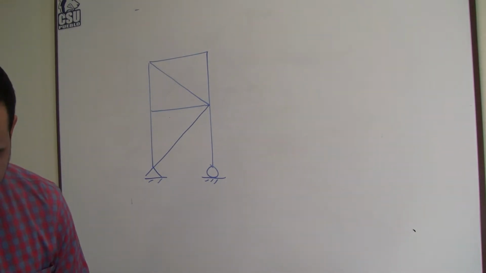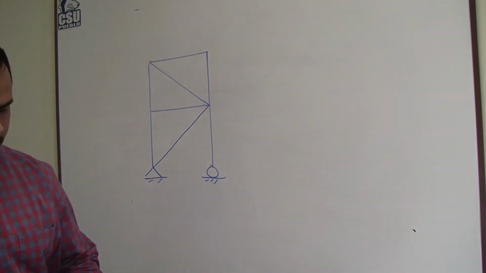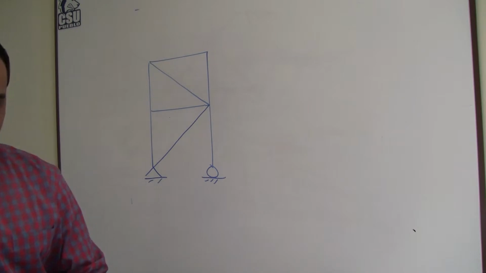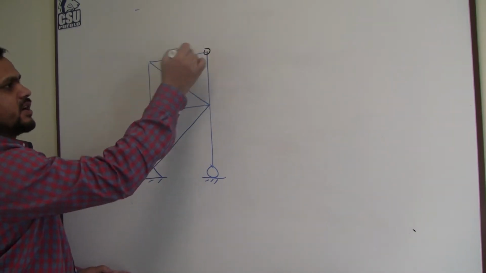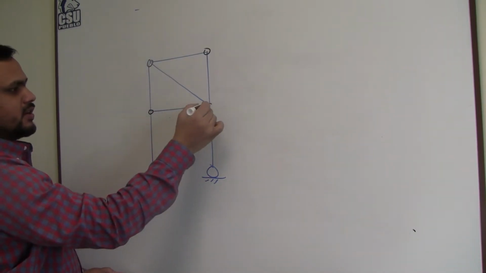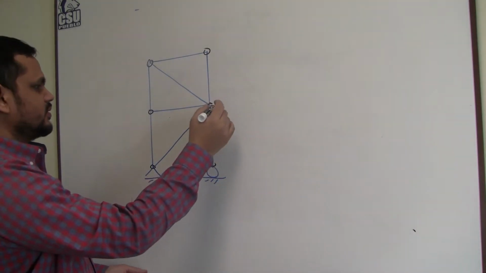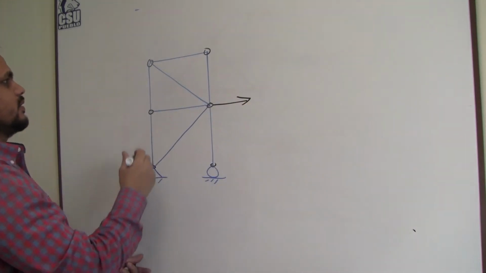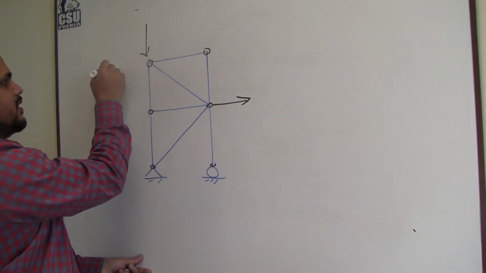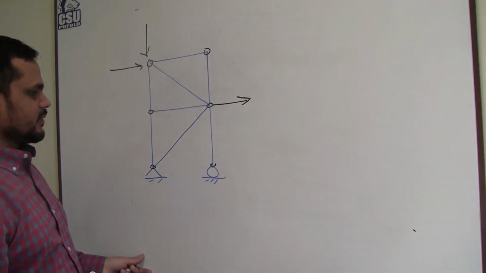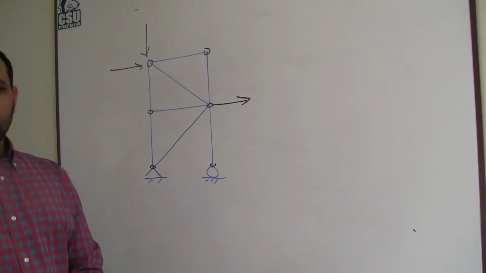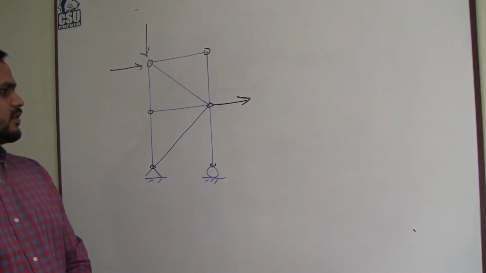So one more truss. Okay, all the members are pin connected. Let us assume a load here, maybe here, maybe here. So in this truss, we will try to find zero force members.